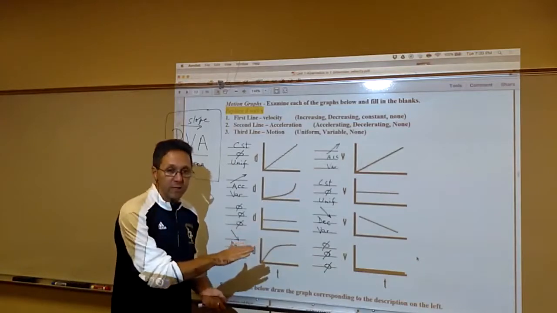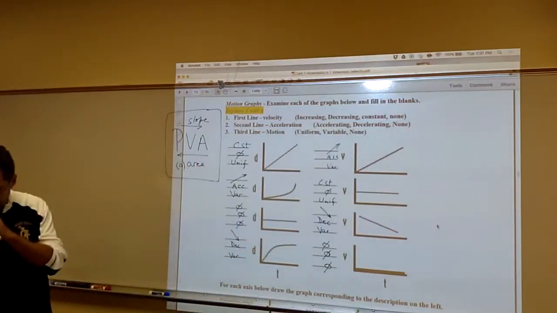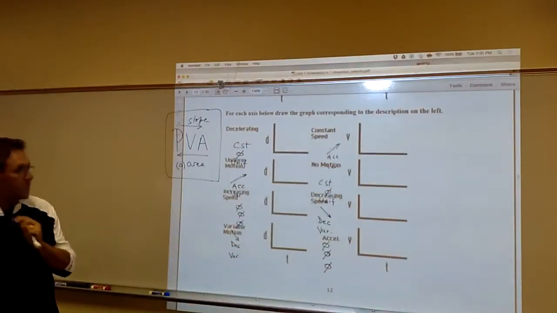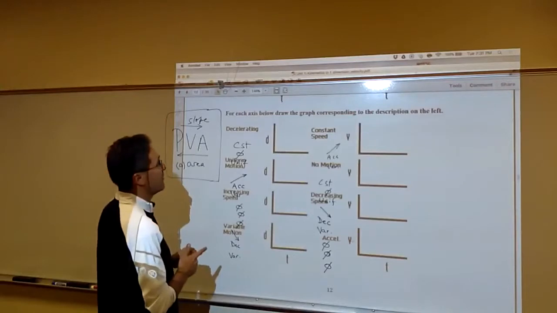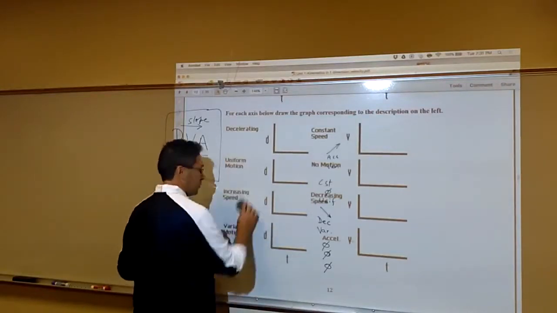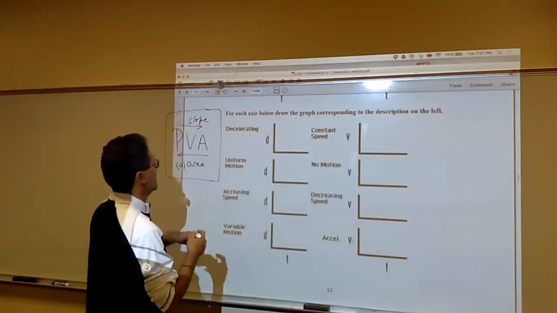Now, we're going to look at the bottom part of this page, and we're going to answer the questions. So it says, for each of the axes below, draw the graph corresponding to the description on the left. We might have more than one answer for these problems. It says decelerating.